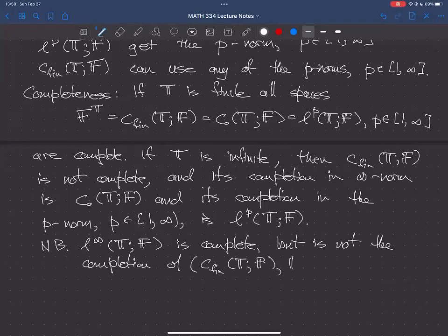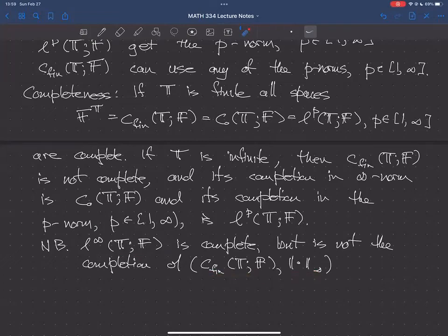...with the infinity norm, or any other norm as far as I'm aware. And the reason is that L infinity is too big. So what that means is that there are sequences in L infinity, let's say the sequence of ones, that are not going to be the limit in the infinity norm of Cauchy sequences in here.